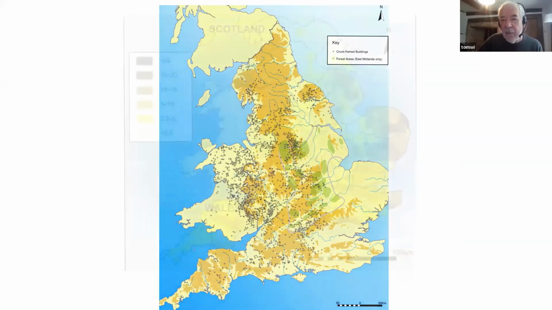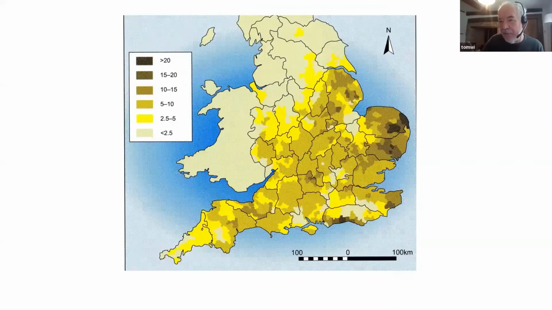And indeed, we can see that in terms of the overall Domesday population, for example, and that really is similar to the 12th, 13th century distribution, that kind of works. Cruck areas tend to be less densely populated.